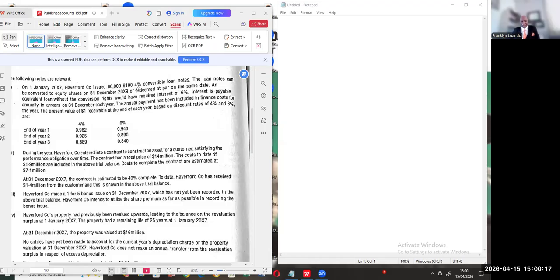So that is compound. So you need to find the fair value. Fair value of the loan is equal to the number of units, 80,000, multiplied by the value per unit, 100. This gives us 8 million.